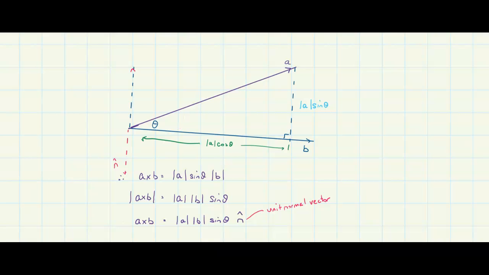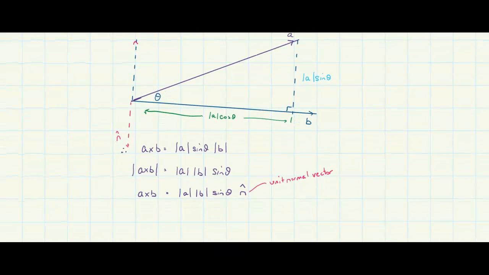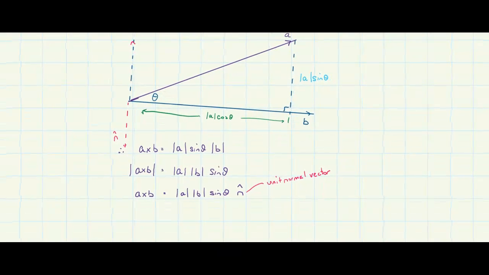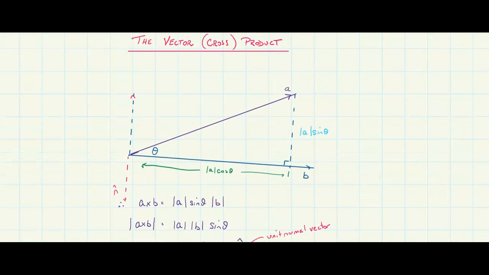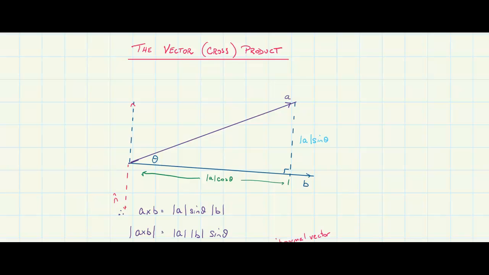If we went with B cross A, and this is something to note, cross products are not commutative, B cross A would be popping up out of the page in a positive direction. So that's our unit normal vector. The magnitude of the cross product is just AB sine theta, and that's in a nutshell our cross product.